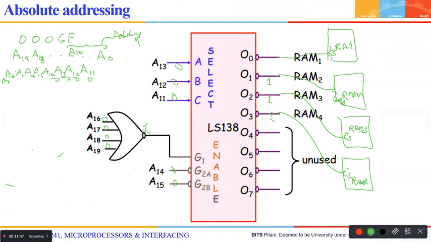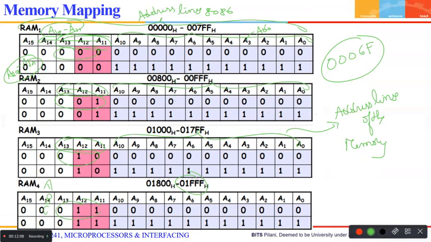The purpose of having this decoder logic is to select either RAM 1, RAM 2, RAM 3, or RAM 4, depending on the address generated. Suppose the microprocessor generated an address which belongs to RAM 4. What is the address range for RAM 4? That is 01800 to 01FFF.